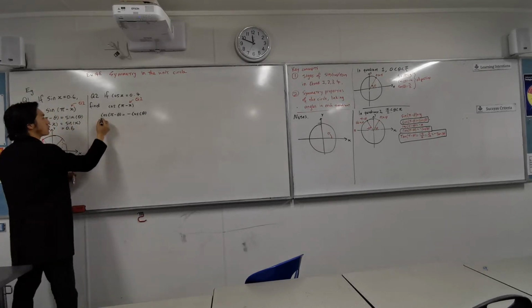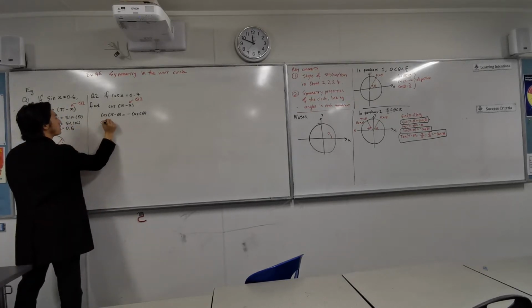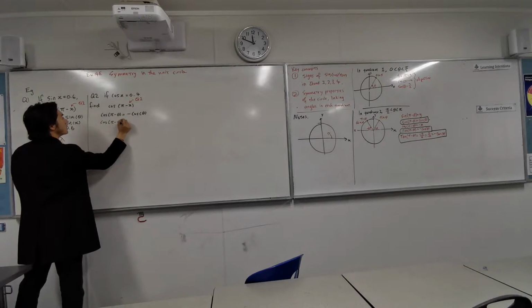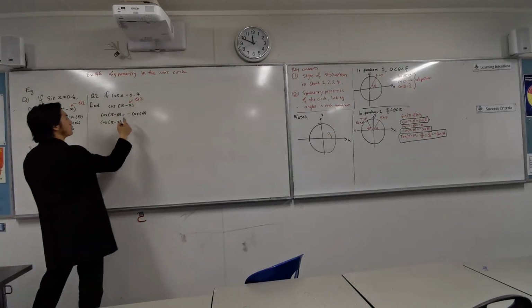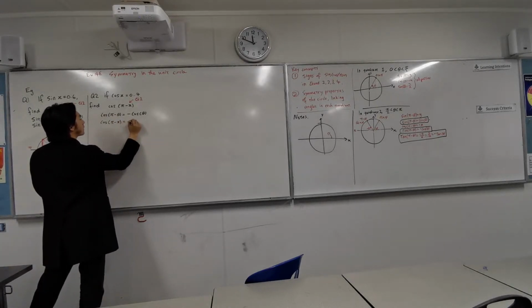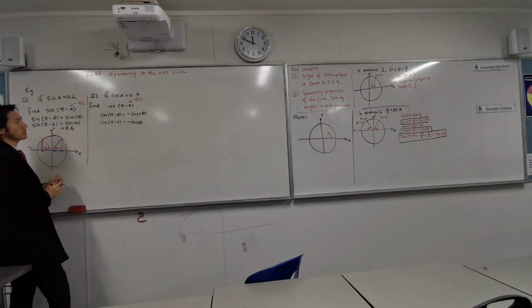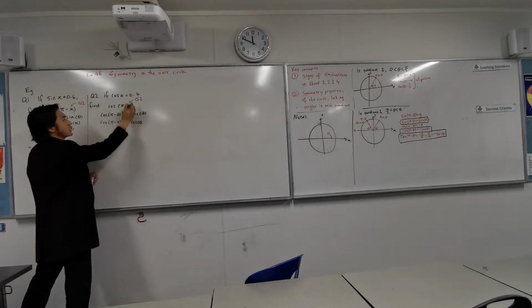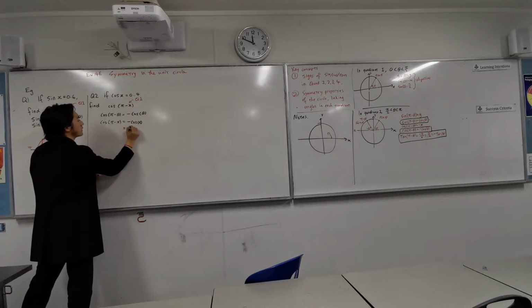So at this point, what we can do is we can write, okay, cos of pi minus x is equal to negative cos of x. And we know cos of x is equal to 0.4, so it's negative 0.4.